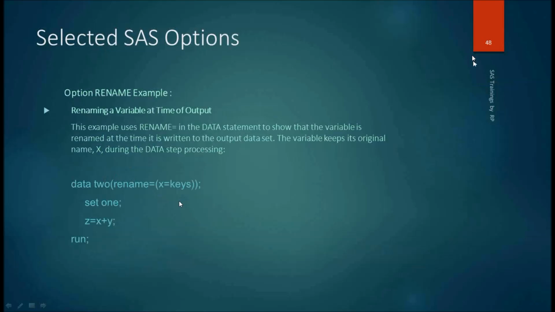If you see the syntax, it looks like this: data two, I am creating one dataset called two by using one dataset. In one dataset, I have a variable called x. So here I am renaming the x variable into keys.